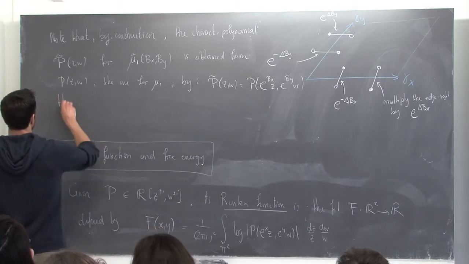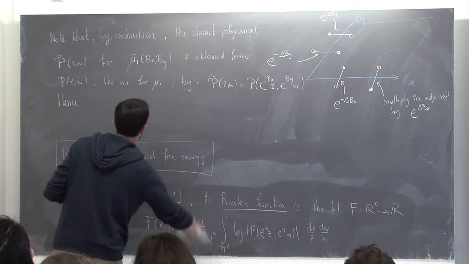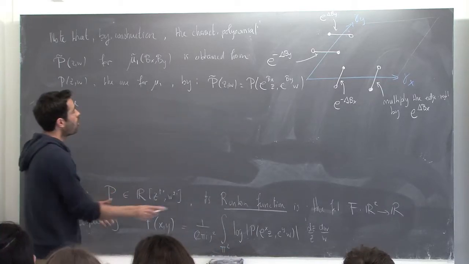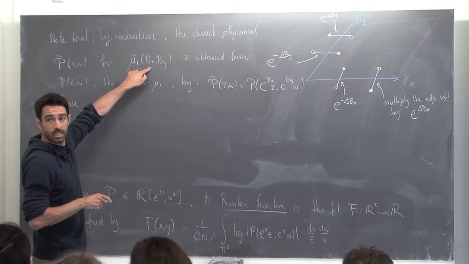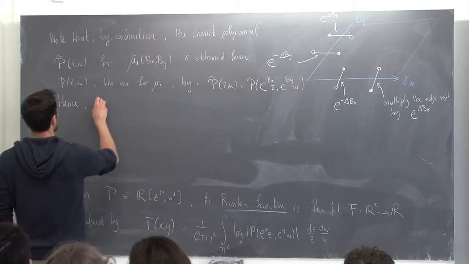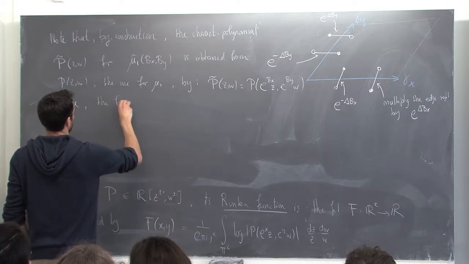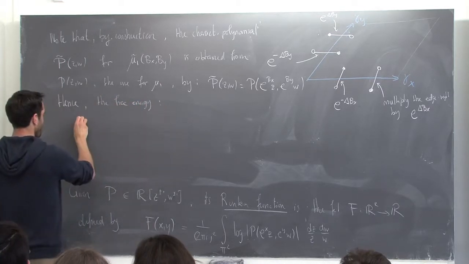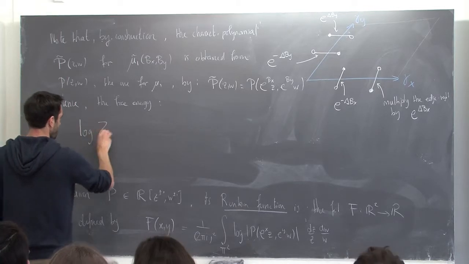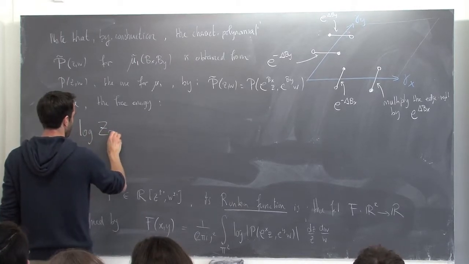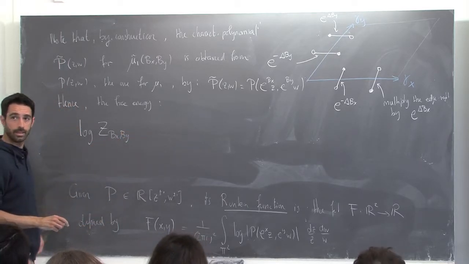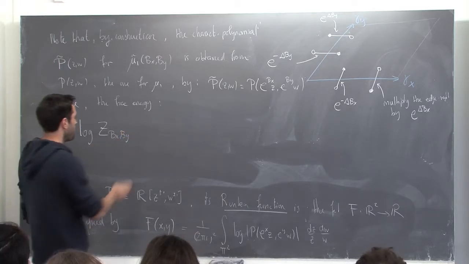Hence, the free energy of the model with magnetically altered weights Bx, By, so I'm not going to define the notations, but you will understand, with these magnetically altered weights is given by what?